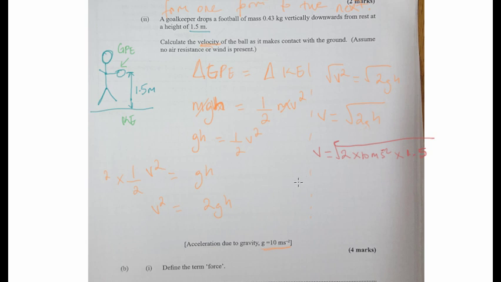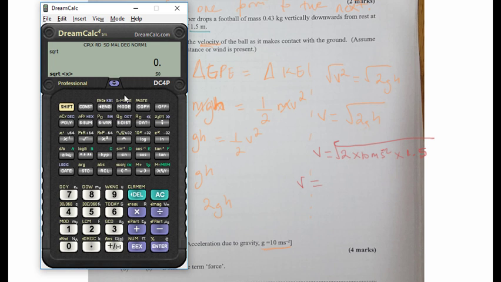When I plug this into my calculator, I'll say square root of, open bracket, 2 times 10 times 1.5.